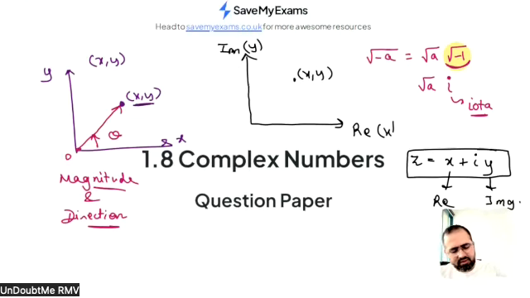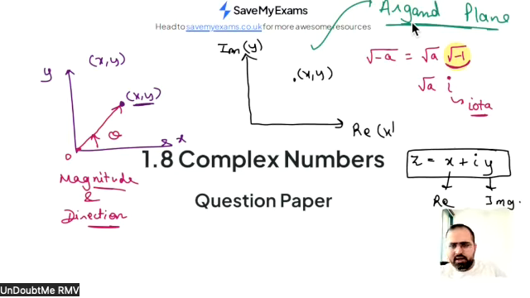The name of this plane is the Argand plane. Okay, it is just a name. Now when x comma y is plotted on the Argand plane, we can observe that it will have a certain length.